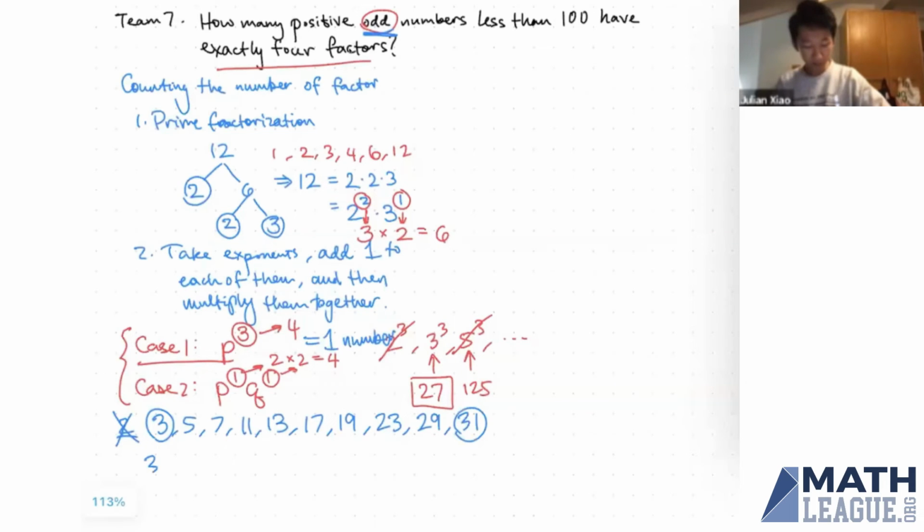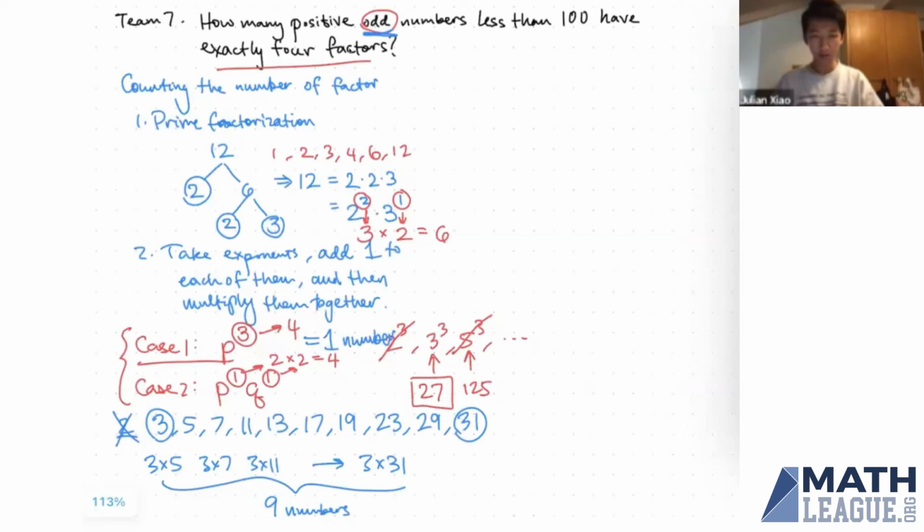So if I take 3 times 5, 3 times 7, 3 times 11, all the way up to 3 times 31, all of these numbers are going to have exactly 4 factors. And you can count how many of them there are. Looks like there are 9 of them in total. So there are going to be 9 of these numbers where 3 is a prime factor.